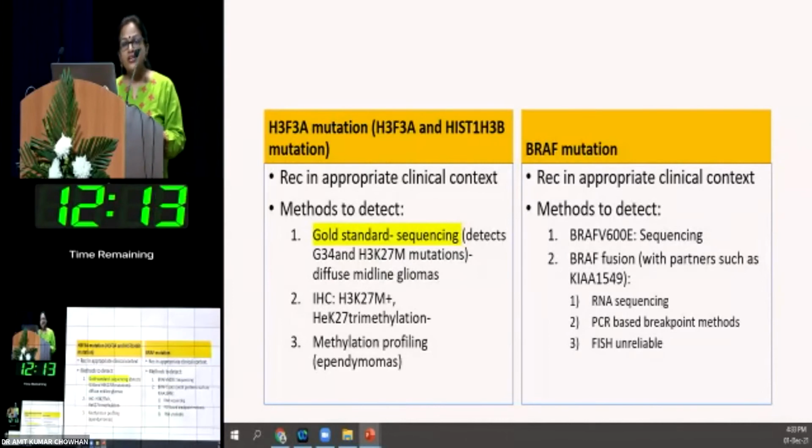Now, BRAF mutations can be fusion or BRAF V600E mutations. For BRAF V600E mutation, sequencing is a recommended method. For fusion analysis, RNA sequencing, PCR-based breakpoint methods are used. FISH is no longer considered reliable for this.